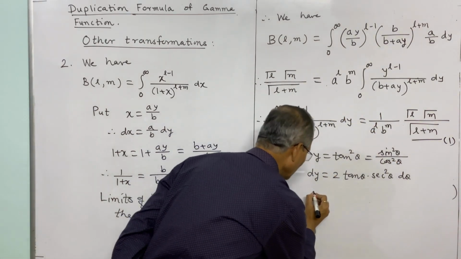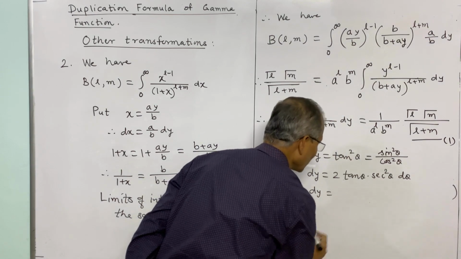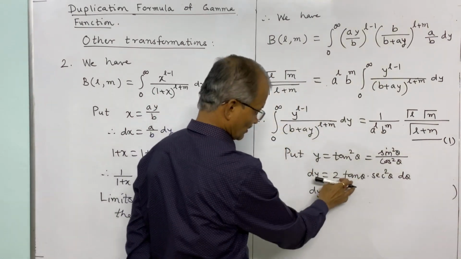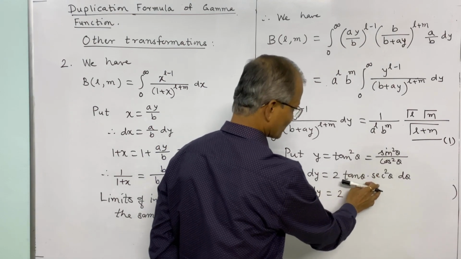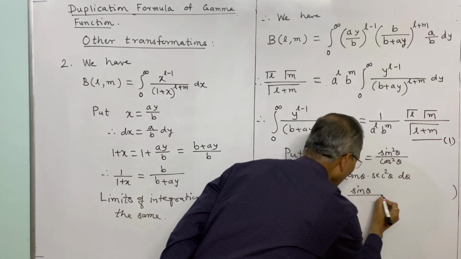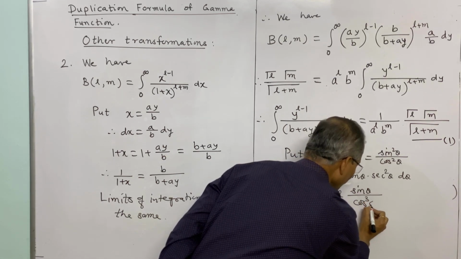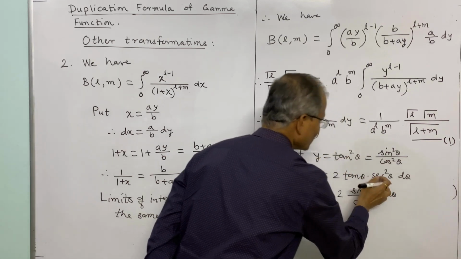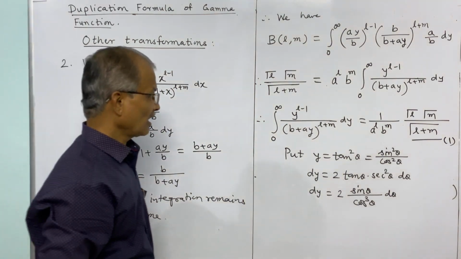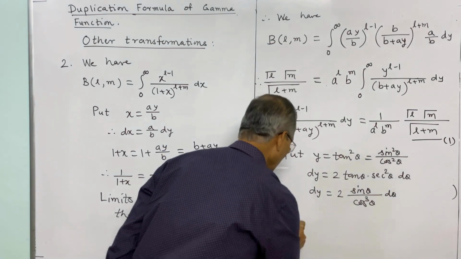And again dy also can be written in terms of sine and cos. This is 2 sine upon cos theta, and here it is 1 upon cos square theta. So that means this will be sine theta divided by cos cube theta into d theta. Tan and sec are written in terms of sine and cos. So this is dy.